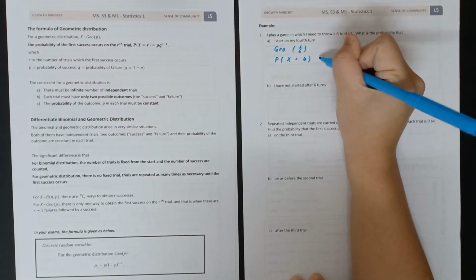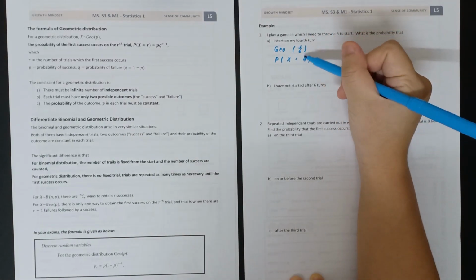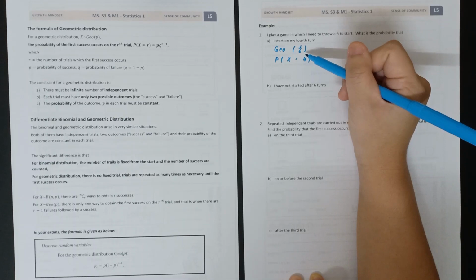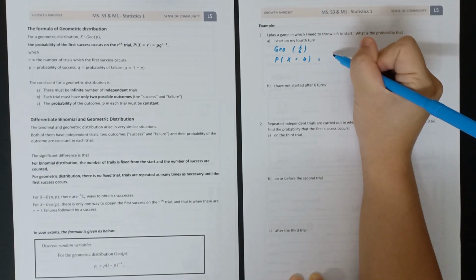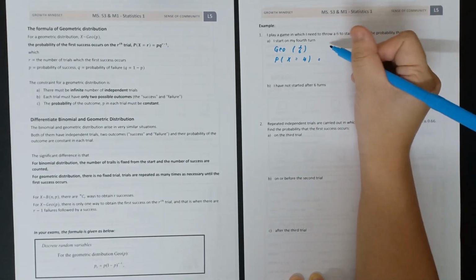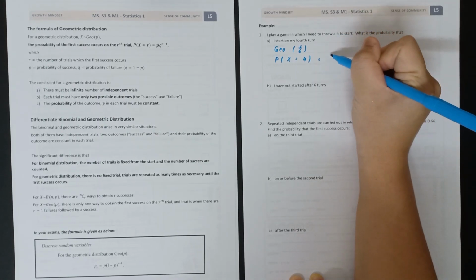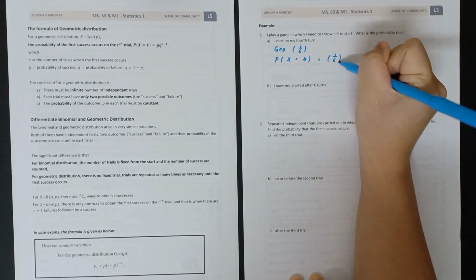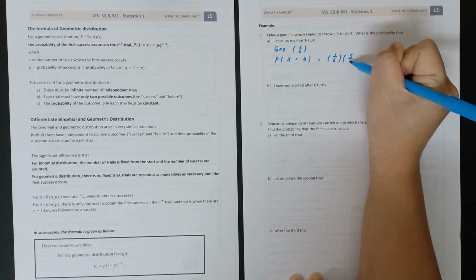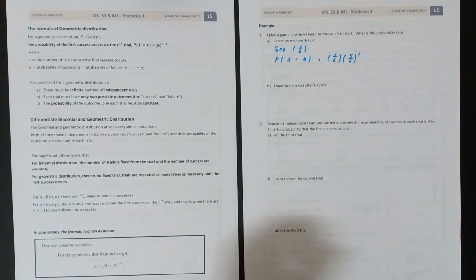After that you can use your formula. For you to get your first success on the fourth trial, it will be 3 failures beforehand, then 1 success. So 1 success and 3 failures before that. Just like that.